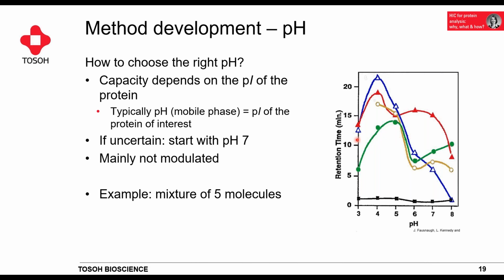If all of these molecules are eluting between, let's say, 12 and 15 minutes, we hardly will see any separation. However, if we further decrease the pH, we will see that all of them are eluting at a different time, meaning we do get separation of this mix of molecules.